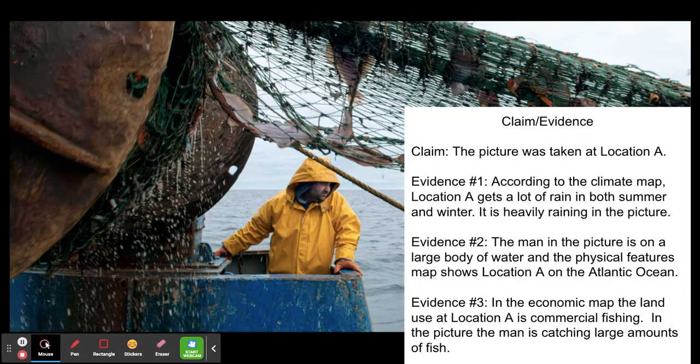So the answer is, in the economic map, the land use at location A is commercial fishing. In the picture, the man is catching large amounts of fish.